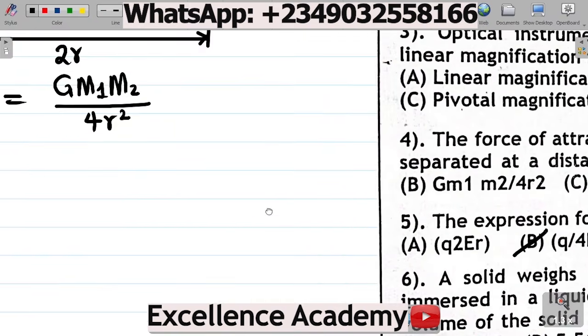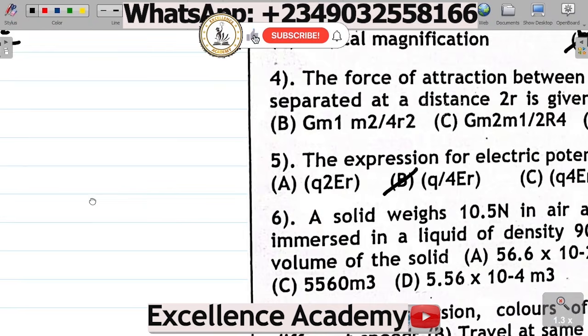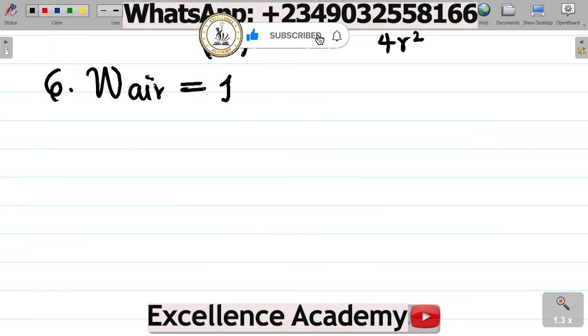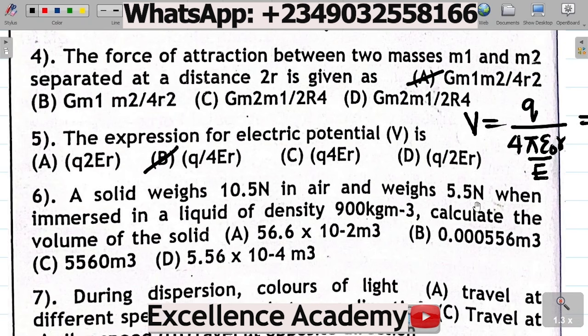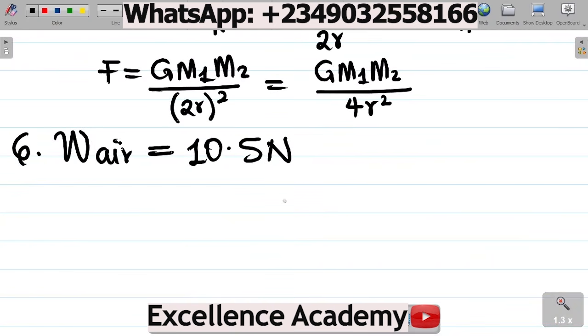For question number 6, the first thing we want to get is the weight in air. If you look at this, the weight in air is given as 10.5 Newton. The next thing is, they said it weighs 5.5 Newton when immersed in a liquid. So weight in liquid, let's call this L, so L is liquid, and that's equal to 5.5 Newton.